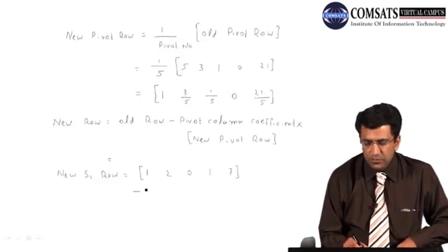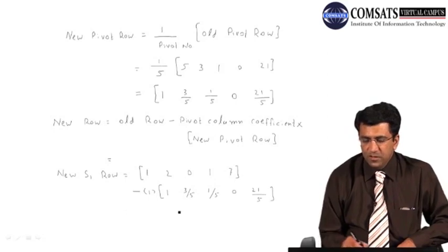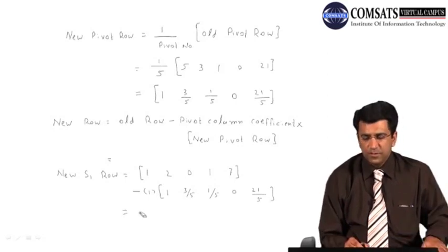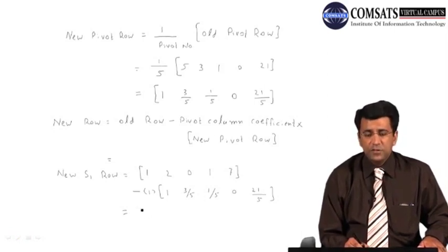So this value will be equal to 1, and then again the new pivot row, the one we have just computed, that is 1, 3 by 5, 1 by 5, 0, 21 by 5. So class, we will solve this particular equation to find out the new S2 row.